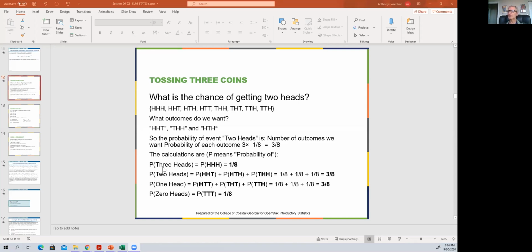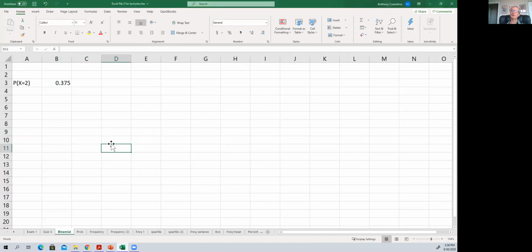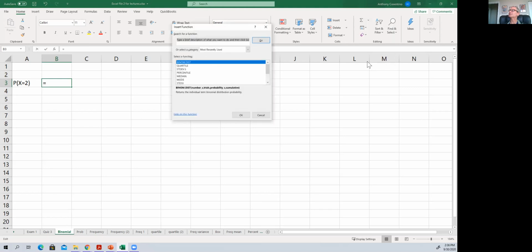And if you remember in the last lecture, we ended with using the spreadsheet to calculate the probability of getting exactly 2 heads. I'll just do that again. We go to more functions. We go binomial distribution.